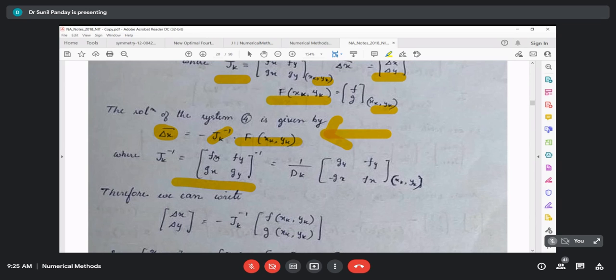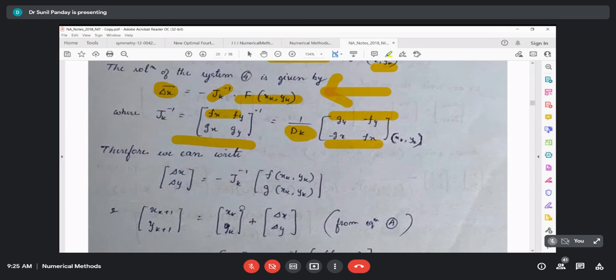Since it's a 2 by 2 matrix, its inverse is written in this form: gy, minus fy, and minus gx and fx. And what is dk? Dk is the determinant of this matrix. So this is the way we calculate it: you have calculated the inverse of this matrix, dk is the determinant, and then you write this equation in matrix form. Delta x, delta y equals minus jk inverse multiplied by this column matrix.